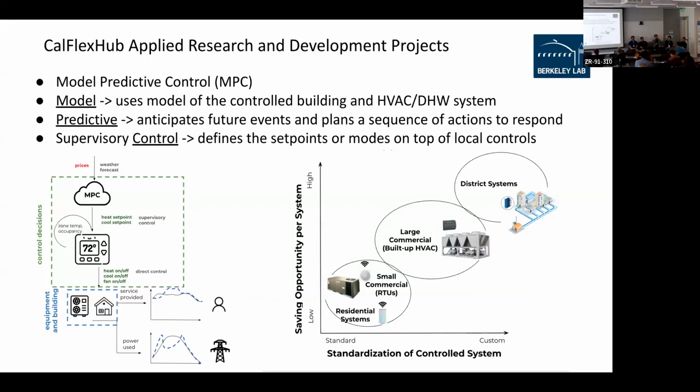But one thing I wanted to emphasize is that modeling is one of the biggest research questions, because historically, when I first started learning MPC applied to buildings about 15 years ago, there was still conversation about which model is best suited for building applications.